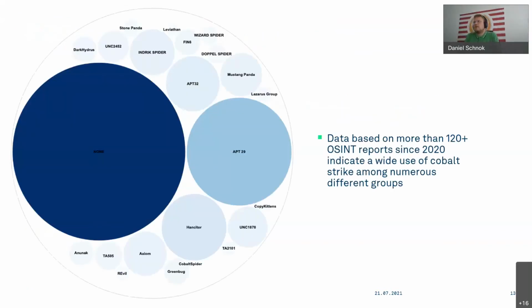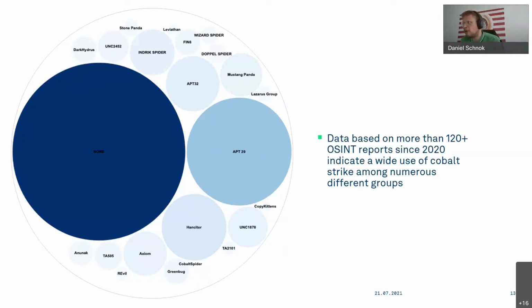So what we have here is basically a collection of data and reports: 120 plus OSINT reports since 2020 that indicate wide usage of Cobalt Strike among numerous different groups, right? And as you can see, the biggest part is, of course, the none part, because there's no direct attribution possible in these kinds of things.